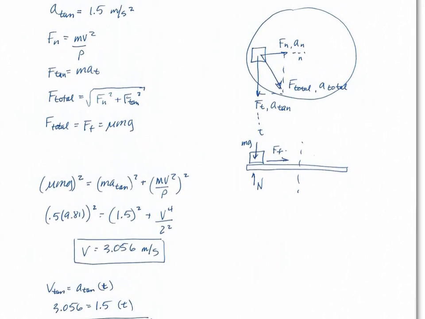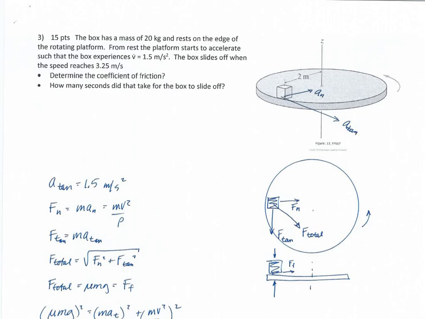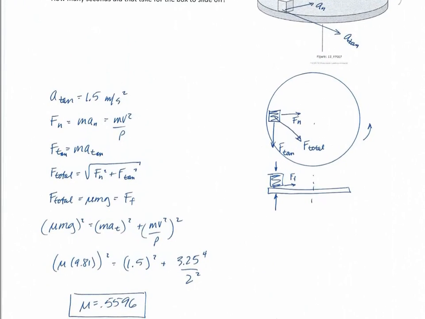Again, the velocity is the tangential velocity as it goes around here. As it goes around here, that's the tangential velocity, and that is given by the acceleration in the tangential direction. And so we're just going to say v tan is equal to a tan times time, and you can find the time. The second version of the problem is set up exactly the same, so I'm not going to go through the detail here of how to do that.